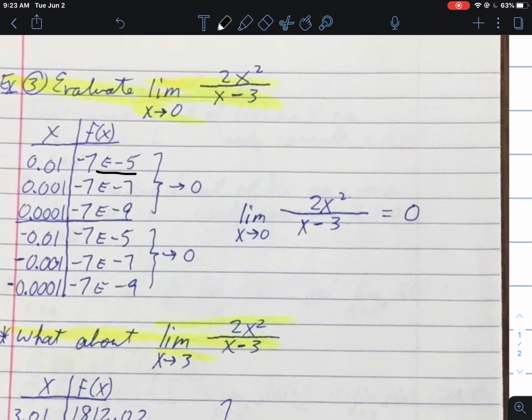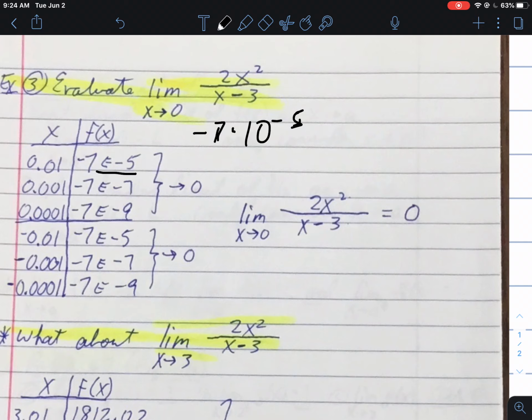That's scientific notation. Remember scientific notation? This is how the calculator shows scientific notation. So negative 7e negative 5 means negative 7 times 10 to the negative 5th power. That's what that means.